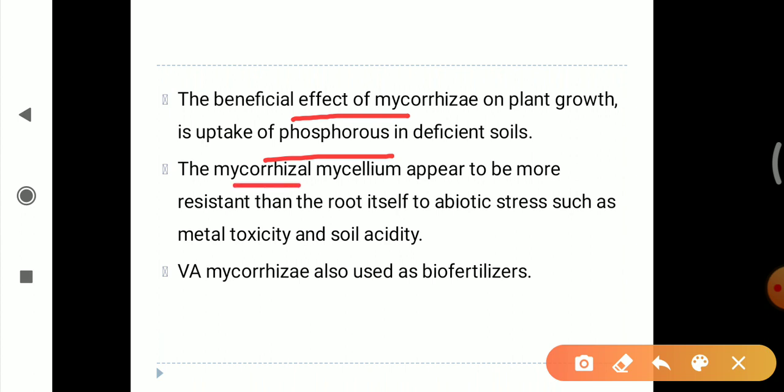The mycorrhizal mycelia appear to be more resistant than the root itself to abiotic stress such as metal toxicity and soil acidity. VA mycorrhiza is also used as a biofertilizer.